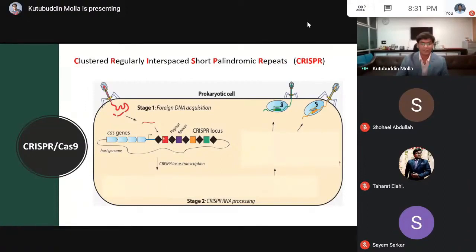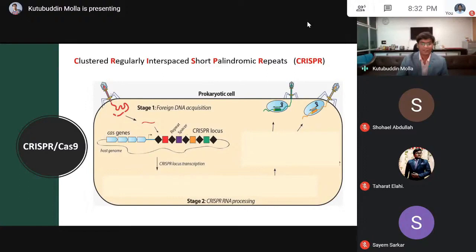Next to this memory, suppose next time it is infected with a violet virus, then it keeps the violet DNA here, like orange DNA here, and then green DNA here, and all the memory DNA are flanked with the repeats. This locus is called the CRISPR locus, clustered regularly interspaced short palindromic repeats. So this locus is a memory locus for that bacterium. They keep that memory.